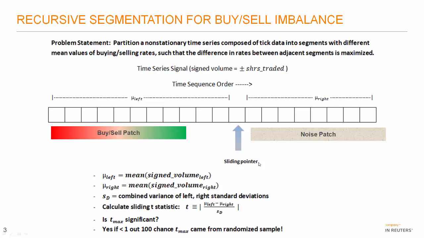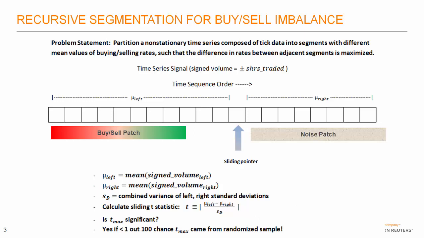And then we come up with a question which determines where the cut should be made, namely, is this t-stat large enough compared to a random reshuffling of this time series such that there's less than a 1 out of 100 chance that the largest t-stat here came from a randomized sample?